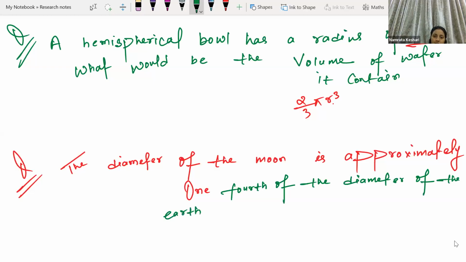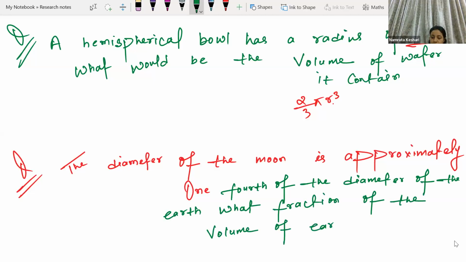What fraction of the volume of earth is the volume of moon? Okay, let's see.